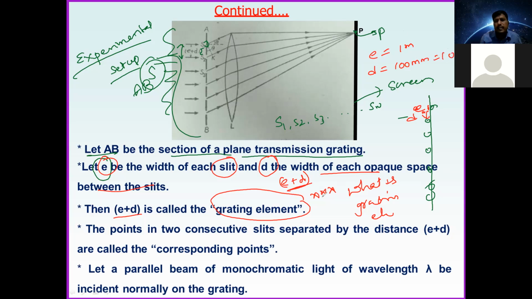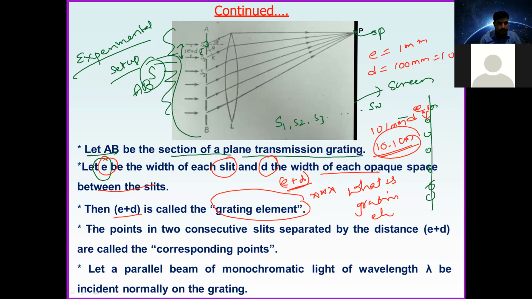What is the grating element? You should write 101 millimeters or 10.1 centimeters. This is called the grating element.